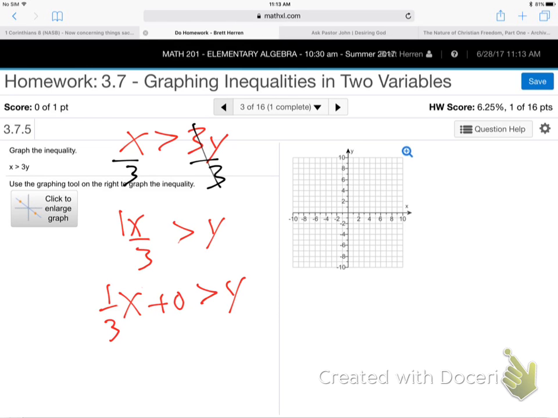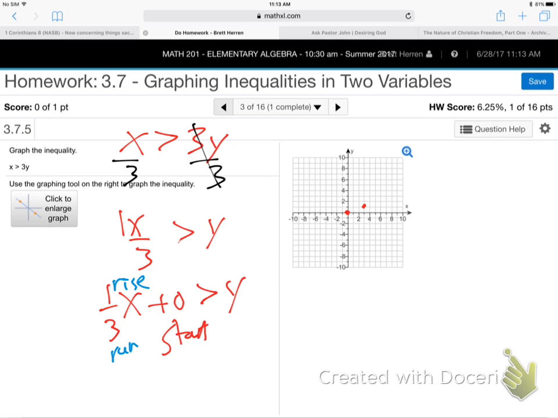So we're going to graph. We start at 0. Here's our first dot, right on 0. And then where do we go from there? Rise over run. Go up 1/3. Right there, up 1/3.